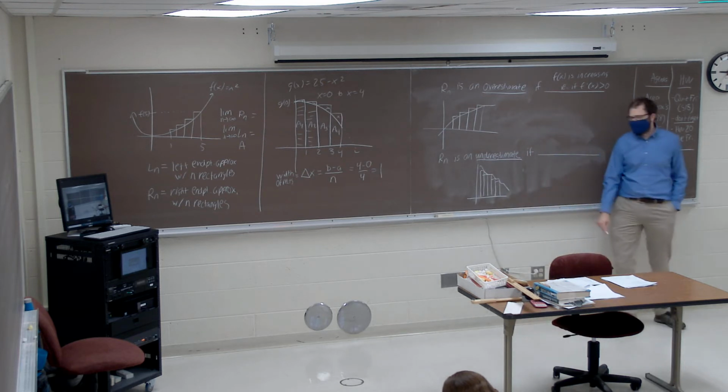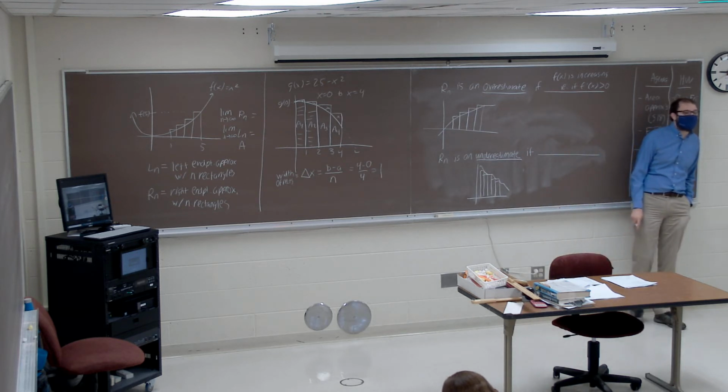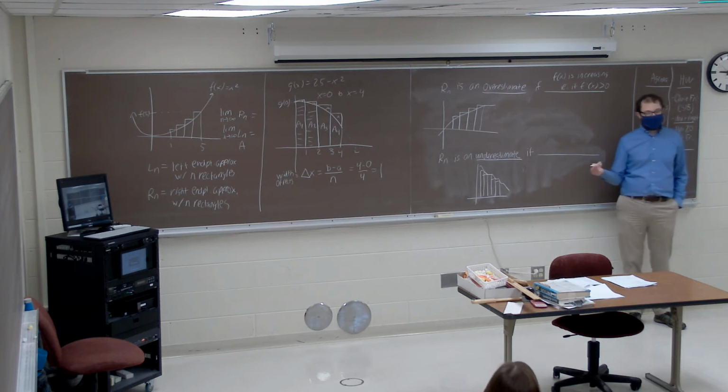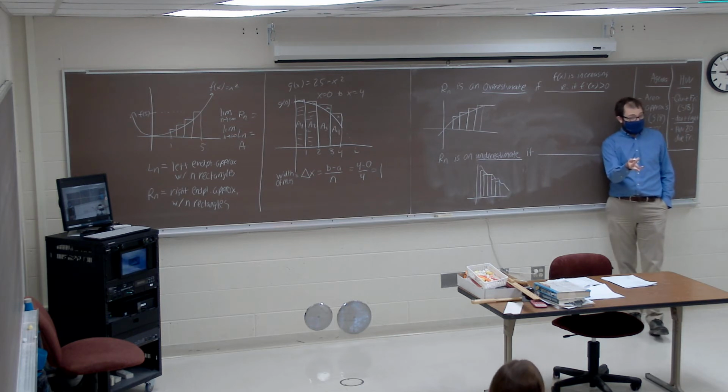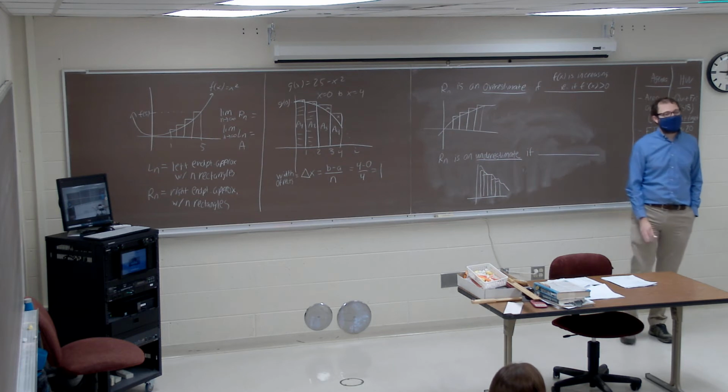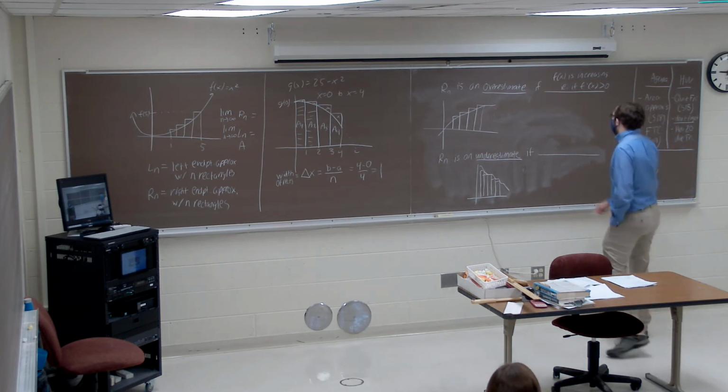What has to be true in order for our right endpoint approximation to give us an underestimate for the area under the curve? Elise? F of x has to be decreasing. Yeah. Or in other words, f prime of x is negative, exactly.